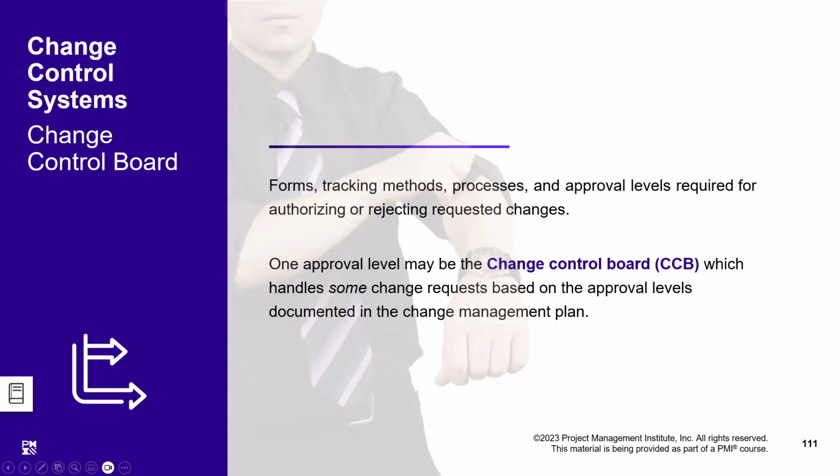Like we said, we have three levels defined: major, intermediate, and small. Small was to be handled by the project manager, medium by the stakeholders and the project manager, and the most important matters by the change control board. So naturally, this is just a description of what we have already talked about.